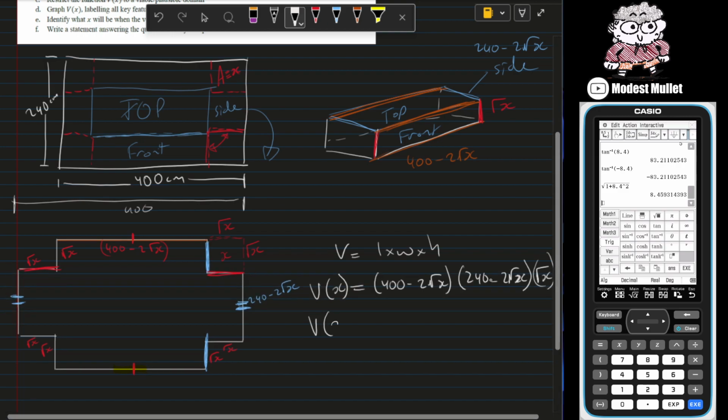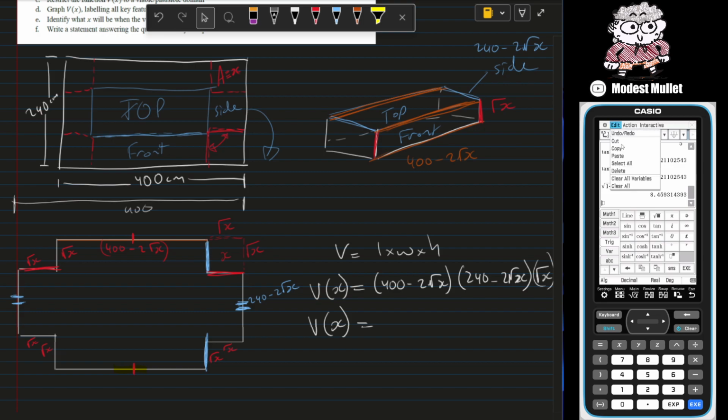Now we can simplify this, and this is where it is handy to use our calculator. We can clear everything we've had from before. Since we're doing a new problem, let's clear everything and all our variables. And math 1. Let's use g this time. Actually, we won't even do that. We're going to jump to an action, and we want to transform a function. We want to expand it.